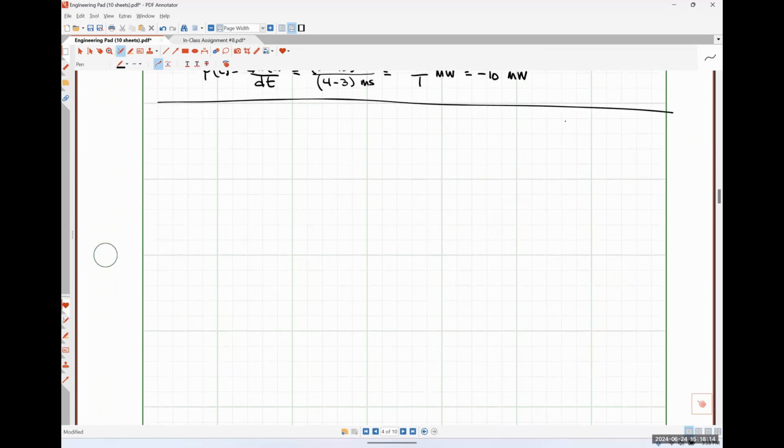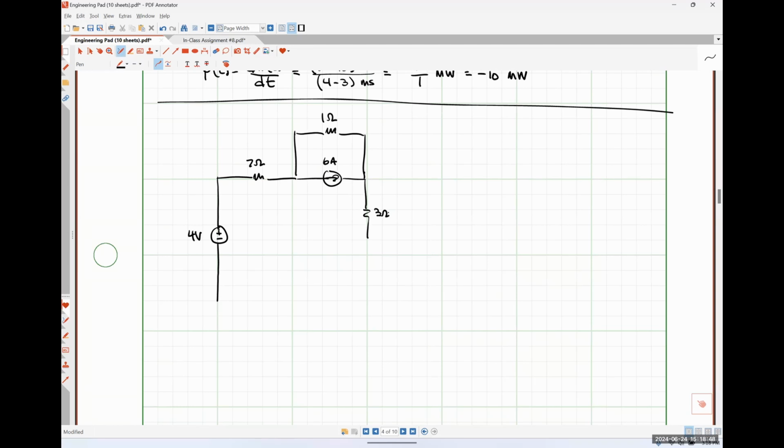So let me draw the original circuit. Give me just a moment here. So here's our 4-volt source. Here is a 7-ohm resistor, a 6-amp source in parallel with a 1-ohm resistor.